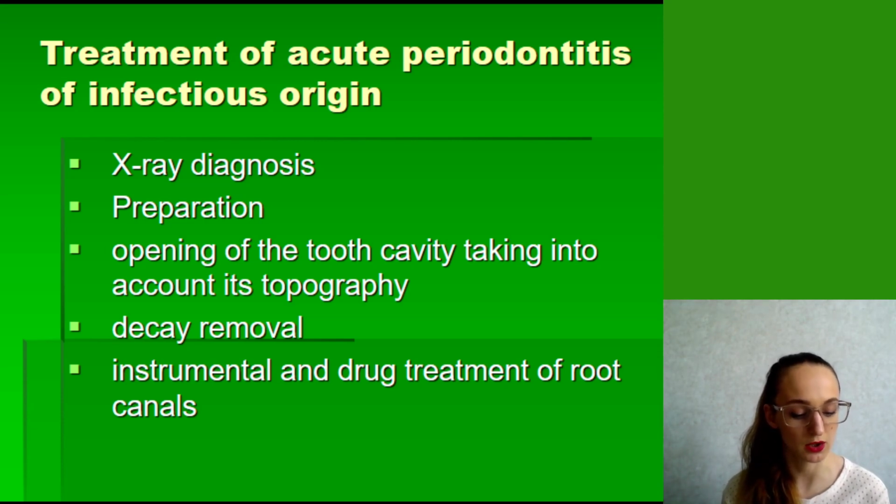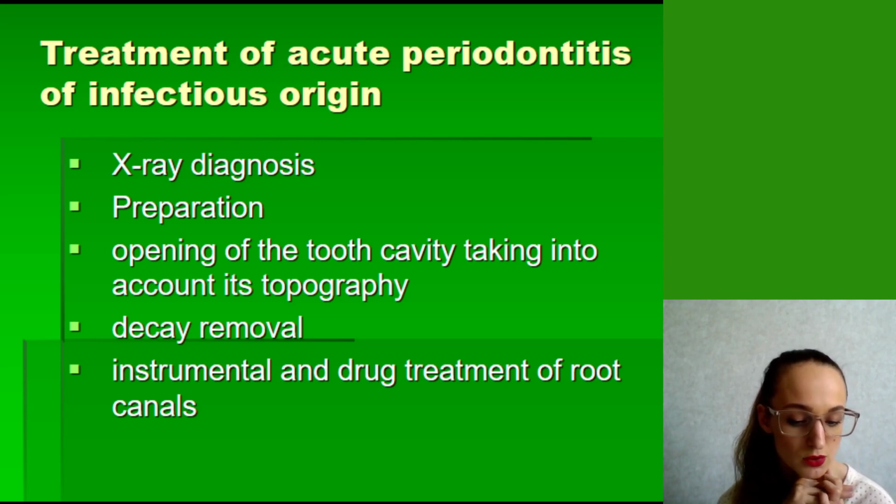Second, you should remove all carious tissues, then the entire root pulp, and you could use different types of burrs. Then the coronal pulp is removed with a round burr or spoon excavator. The pulp chamber is washed thoroughly and all debris that you can see in the cavity is removed.